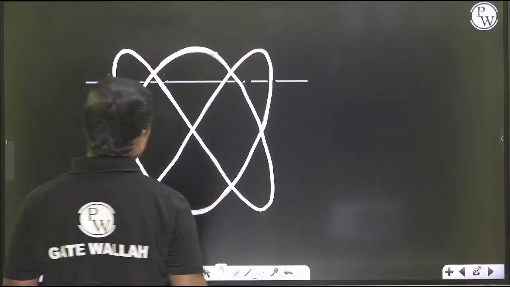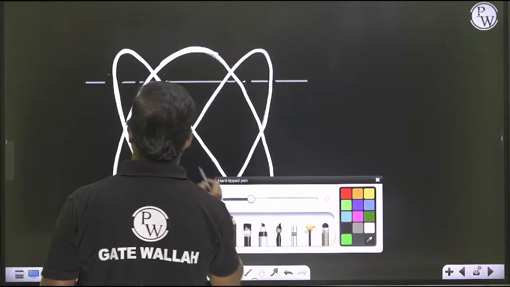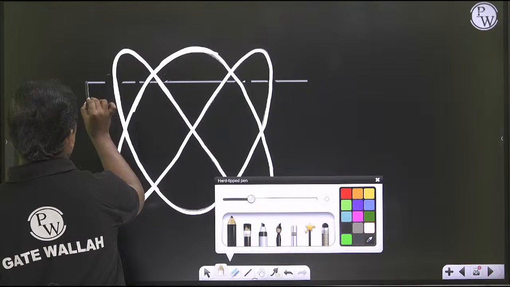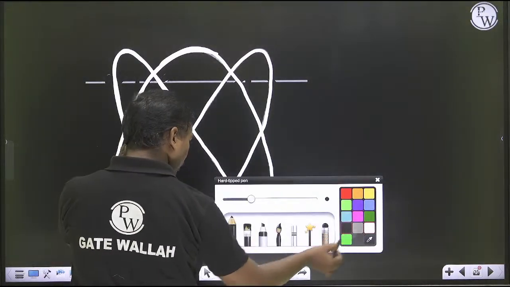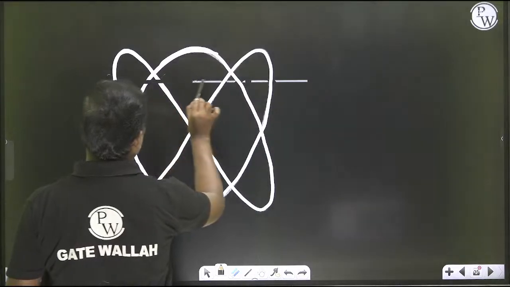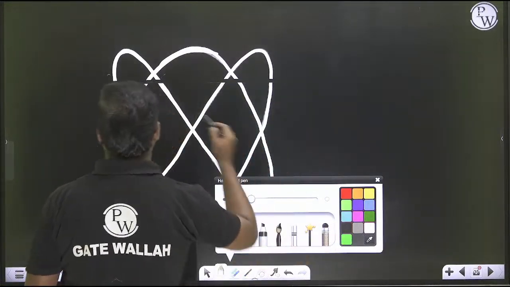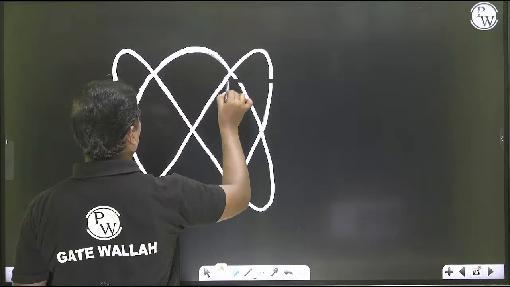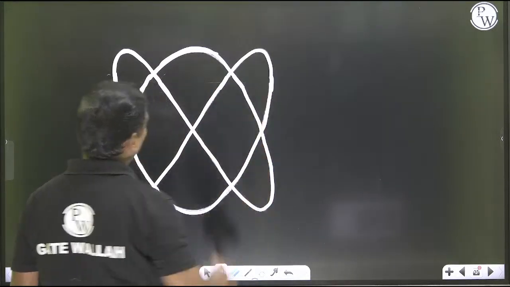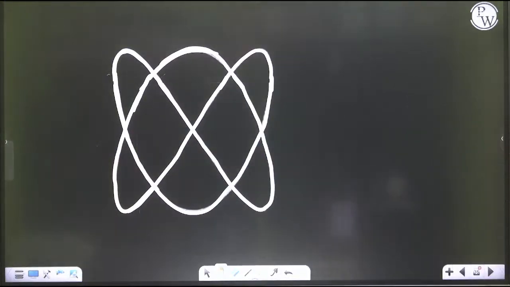This is the picture. How to do this picture? Please tell me. What is the answer for this question? This is a Lissajous pattern. What is the answer for this question? Please tell me.